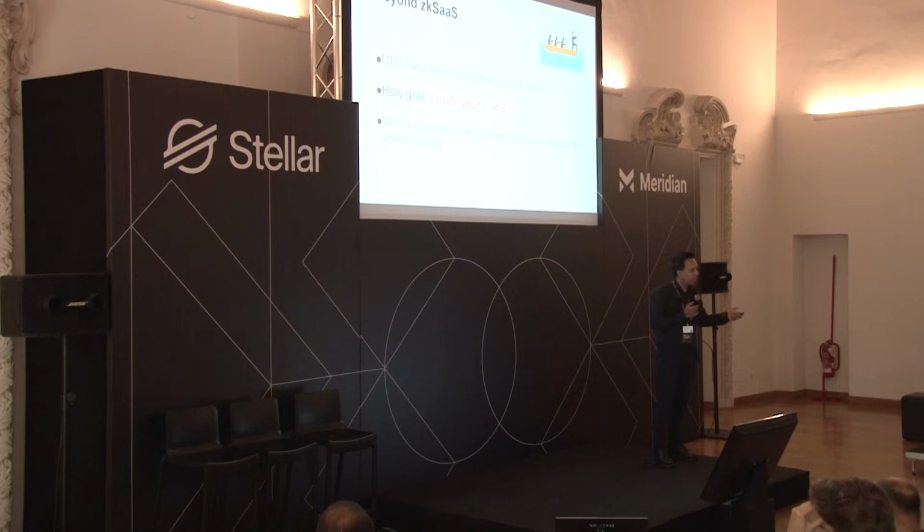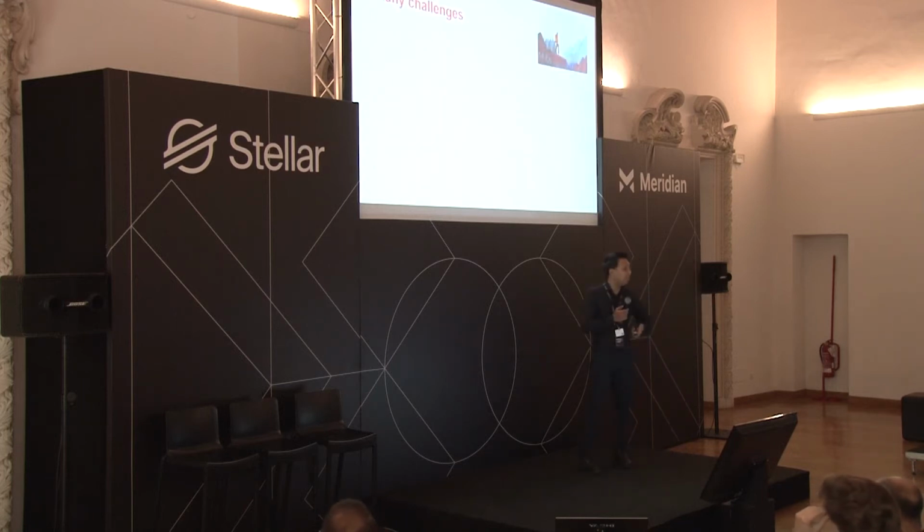That's a theoretical idea, but there are many obstacles to actually realizing it so that it can be used in blockchains. I'll just give you a glimpse of a couple of challenges in this direction.